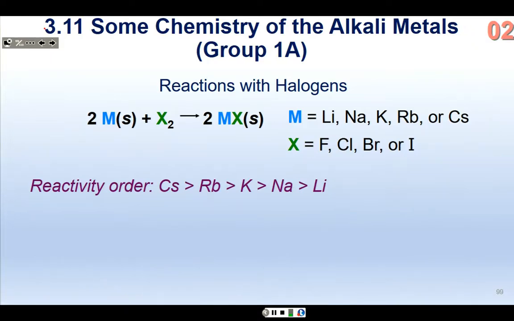The reactions that are important with alkali metals include things with halogens, the group 7A elements. The metal will react with a halogen, which, by the way, in case you weren't quite sure, halogens are given this symbol X, and they always occur in pairs. So they'll be shown as X2. And then when they react with a metal in group 1, they're going to make what we call halides.